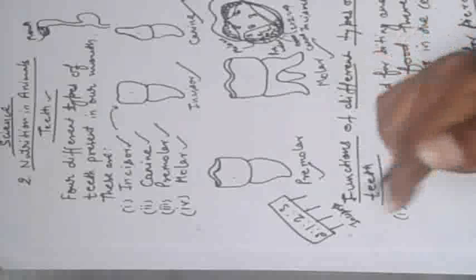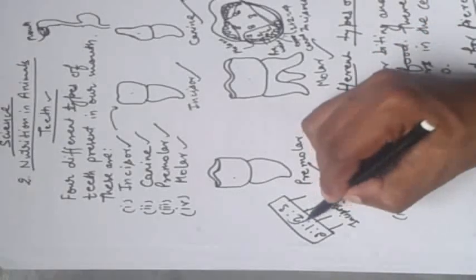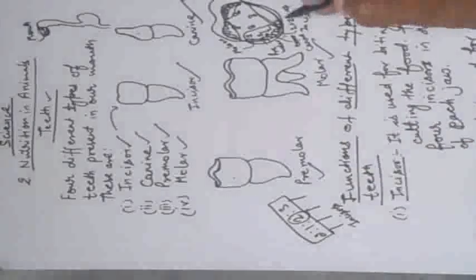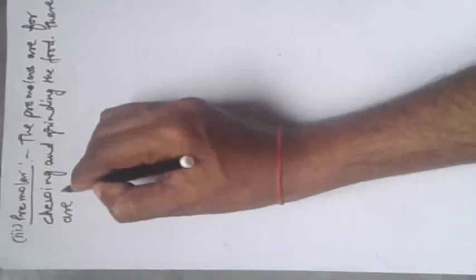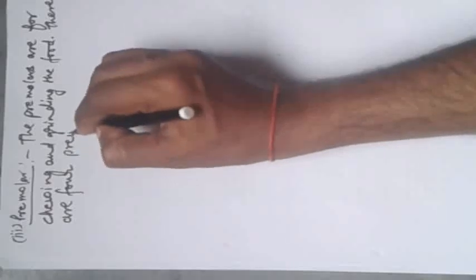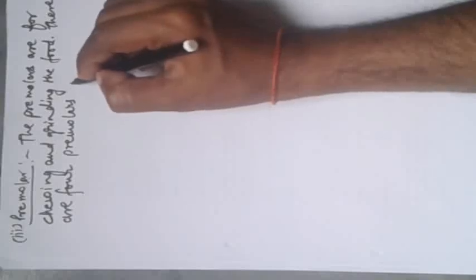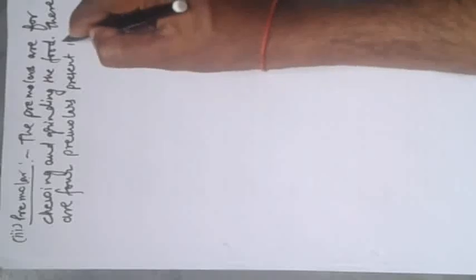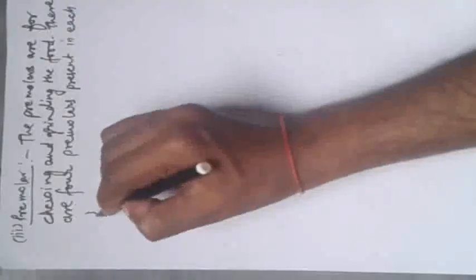Remember this ratio. In half of the jaw there are 2 premolars. So 2 plus 2, there are 4 premolars present in each jaw.